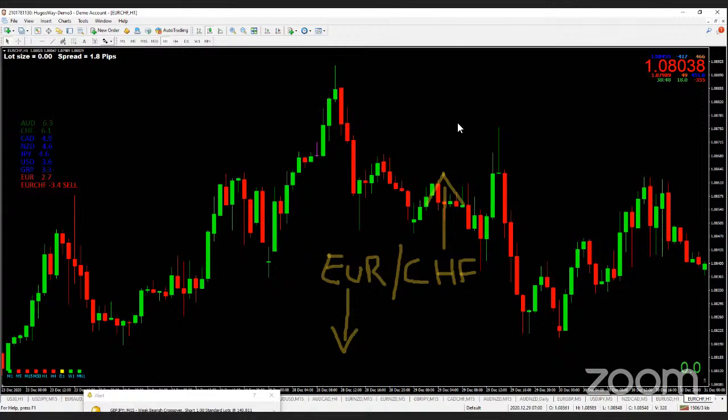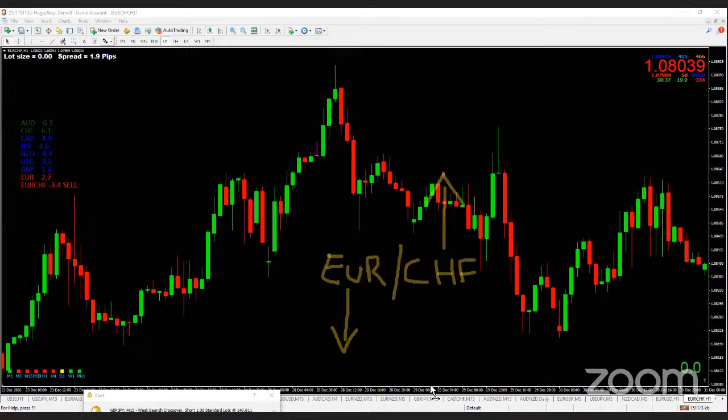Obviously, we know if we combine that pair, it's going to be one of the major pairs out there, which is USD CHF.